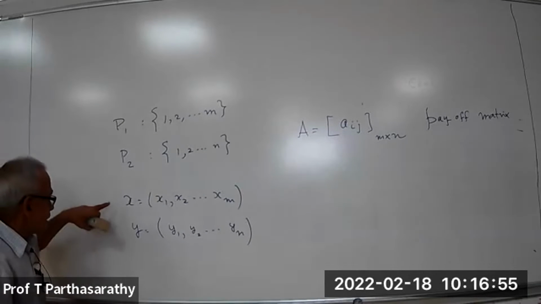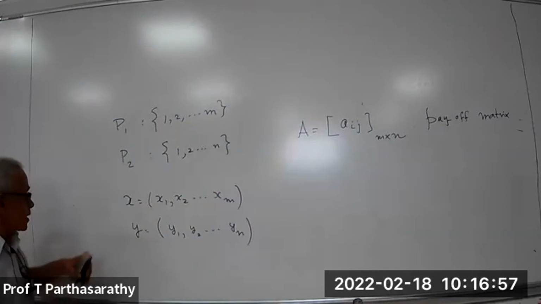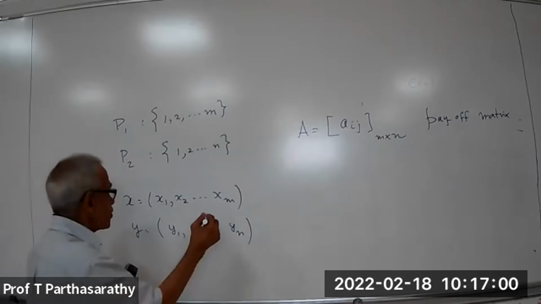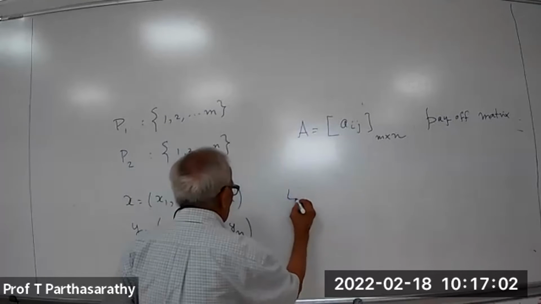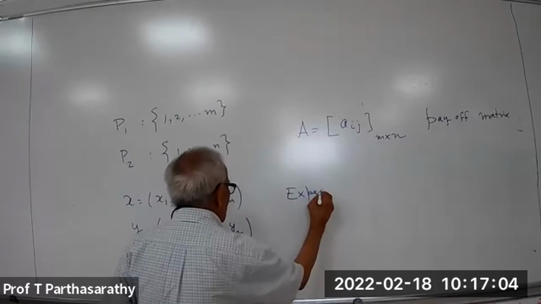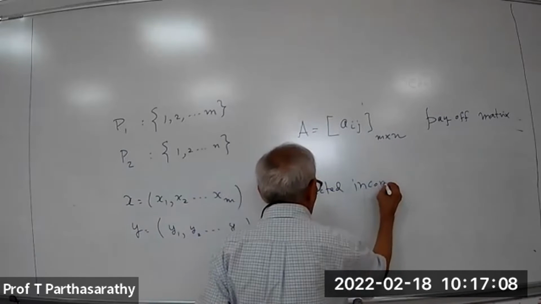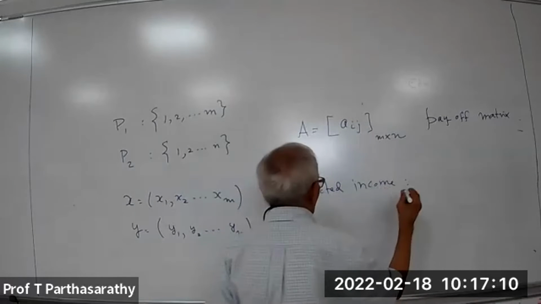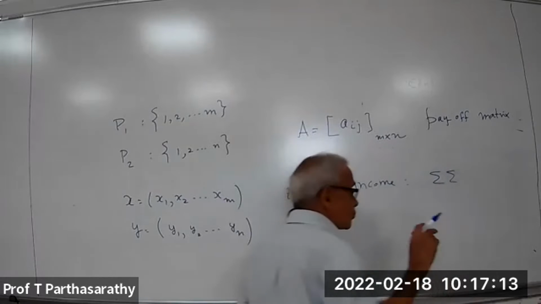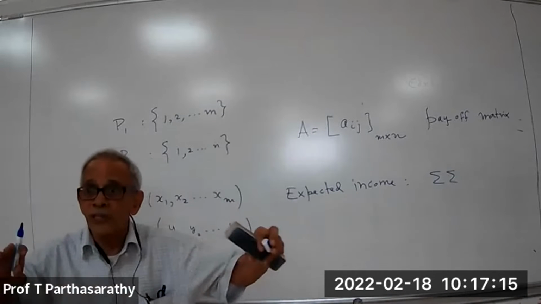Now if player 1 plays x, player 2 plays y, then the expected income to player 1 is given by a summation. They choose simultaneously, so you view it as independent.